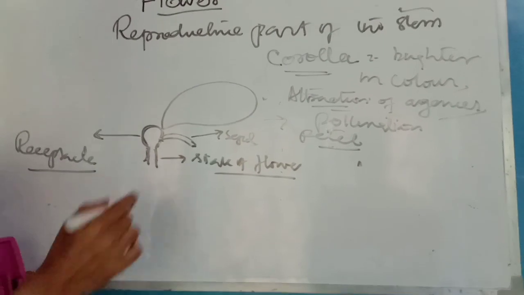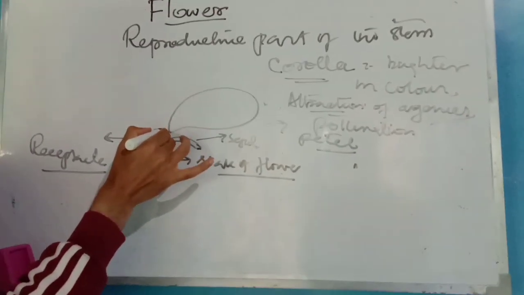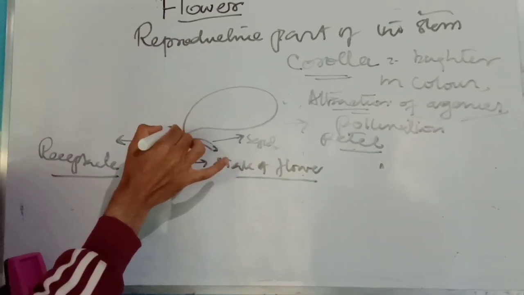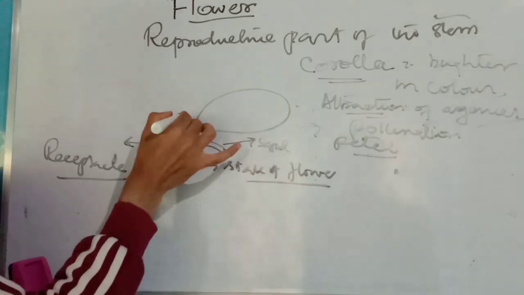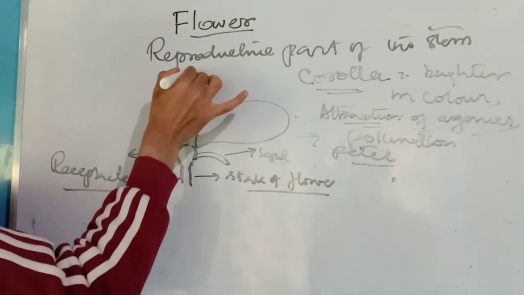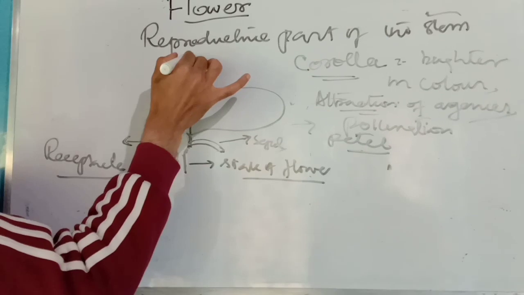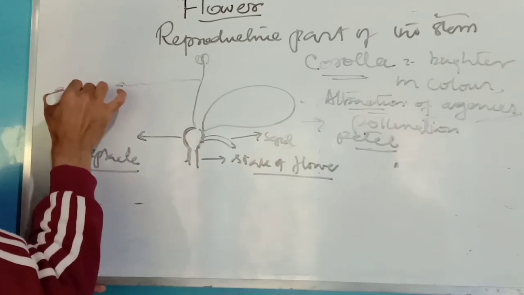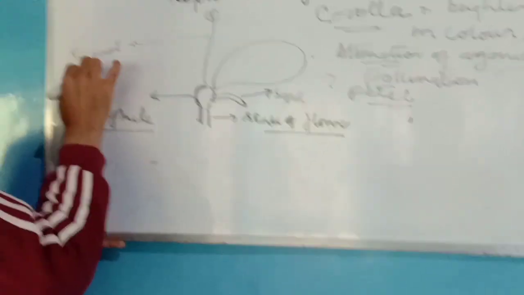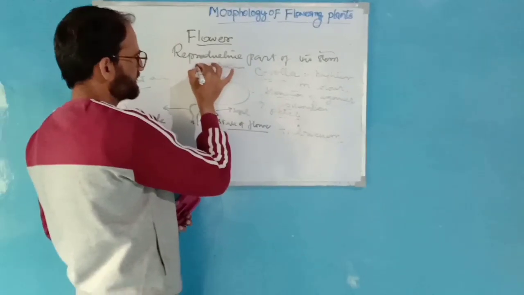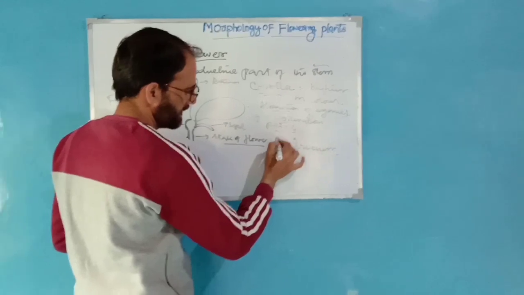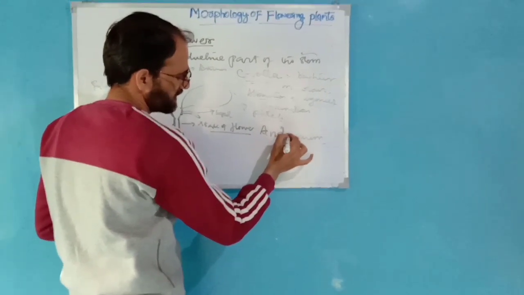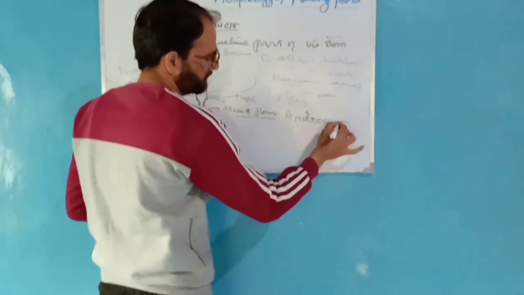Then comes the next part, which is emerging from this receptacle. It has a filament, and this is called as filament. This is called as anther, and these two are collectively called as androecium.